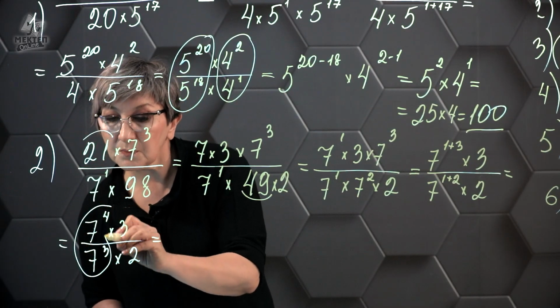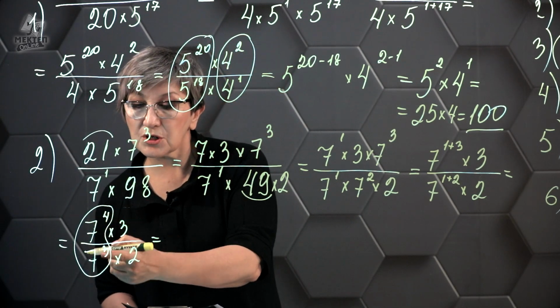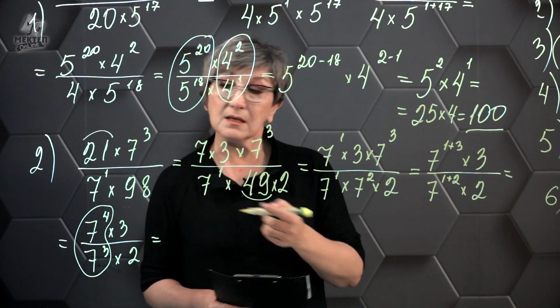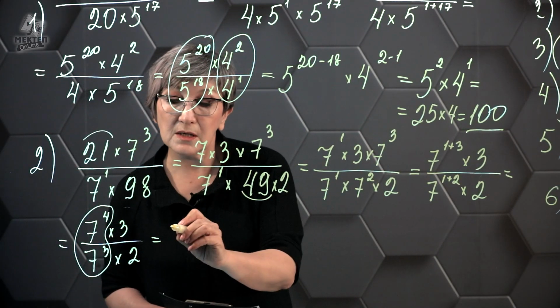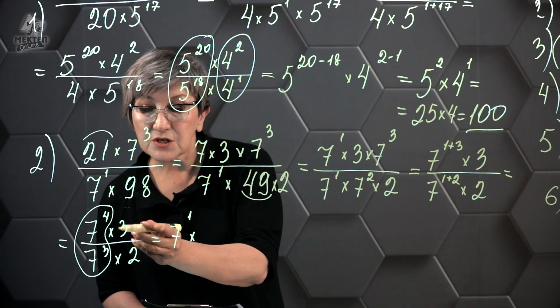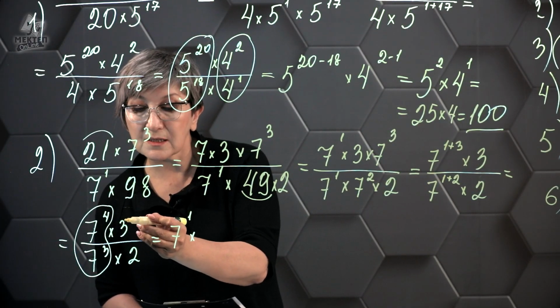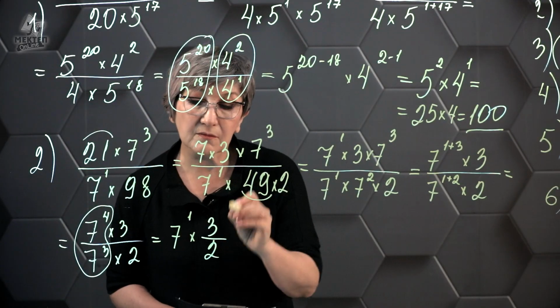Again, we can apply the properties of degree. 7 to the power of 4 divided by 7 to the power of 3. To do this, we need to subtract 3 from 4, and that would be 7 to the power of 1 times. And in the numerator, the remaining number is 3, and in the denominator, the number 2, we will rewrite 3 over 2.